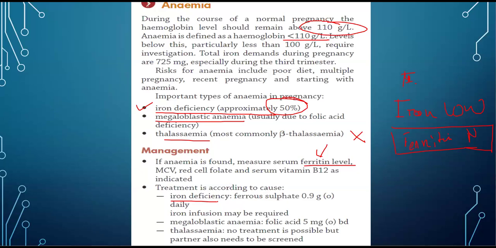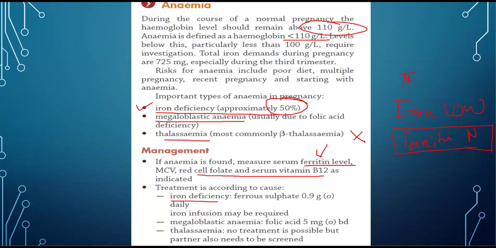Let's say you have done the iron study, but the iron study comes back normal. What will you do next? Then you are going to check the B12 and folic acid level. Yes. So any of these can be low.